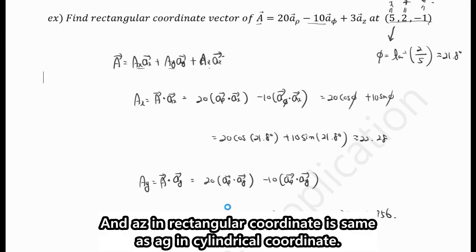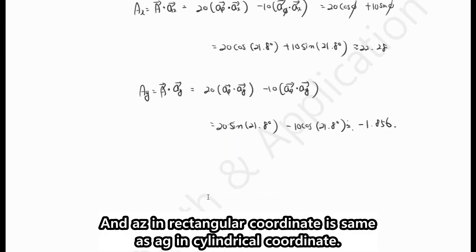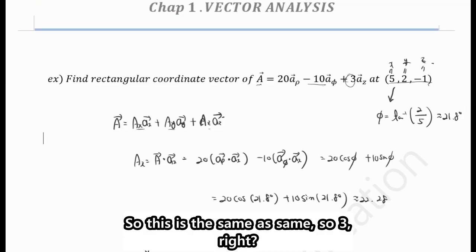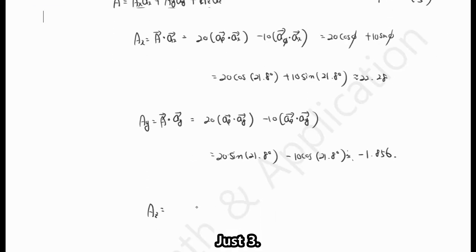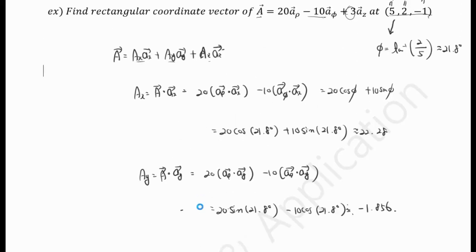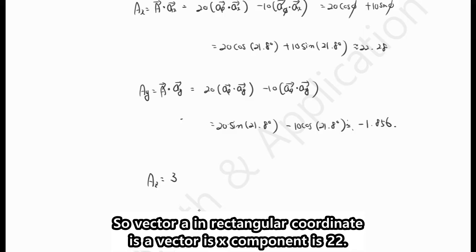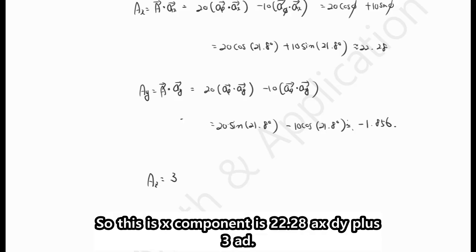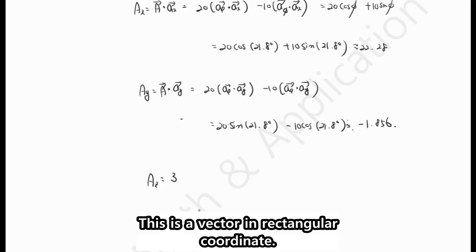And Az in rectangular coordinate is the same as Az in cylindrical coordinate. So this is the same, so 3. So vector A in rectangular coordinate has x component 22.28 ax, minus 1.856 ay, plus 3 az. This is the A vector in rectangular coordinate.